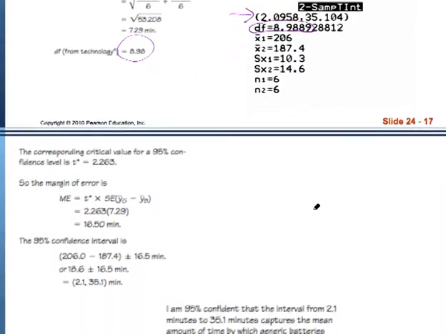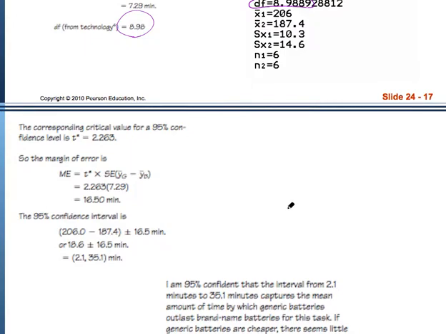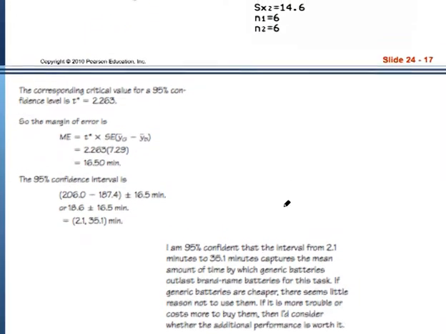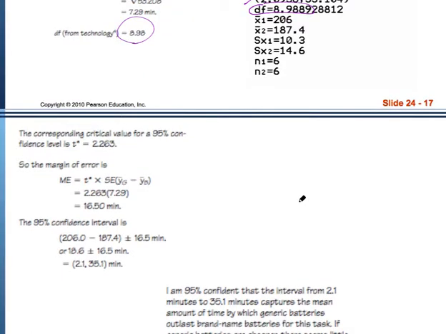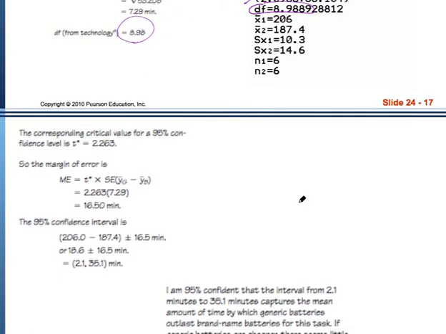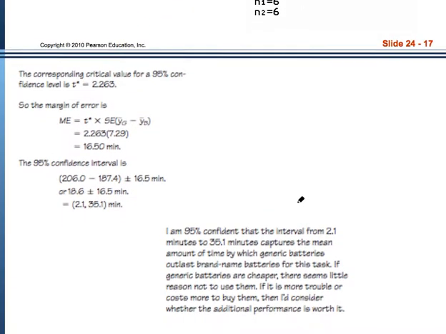Now on the AP test, they do want you to write this out as well. Okay, so the corresponding critical value for a 95% confidence interval is 2.263. And that can come either with the inverse t, you could calculate that, or off the table. Either way, you can get that.